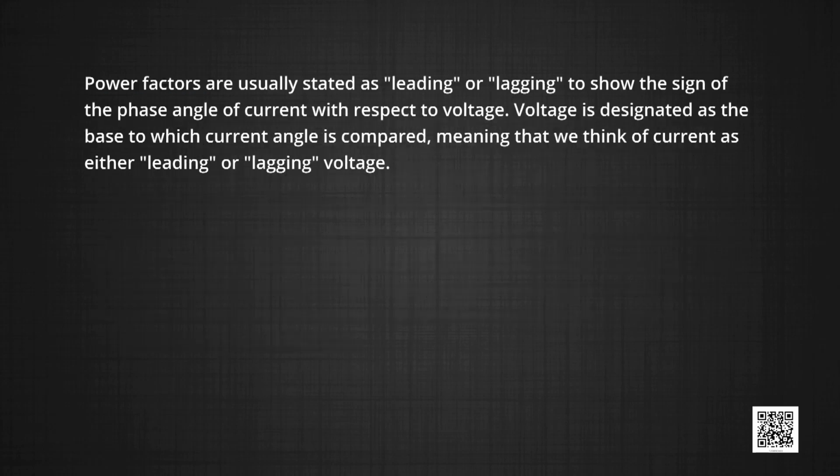The power factors are usually stated as leading or lagging to show the sign of the phase angle of current with respect to voltage. That is, voltage is designated as the base to which the current angle is compared, meaning that we think of current as either leading or lagging voltage.